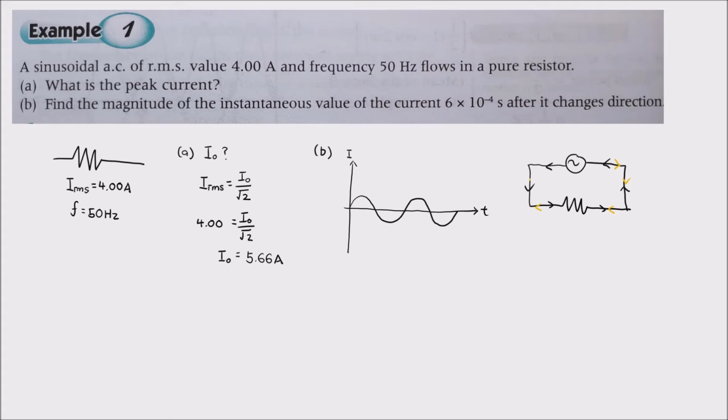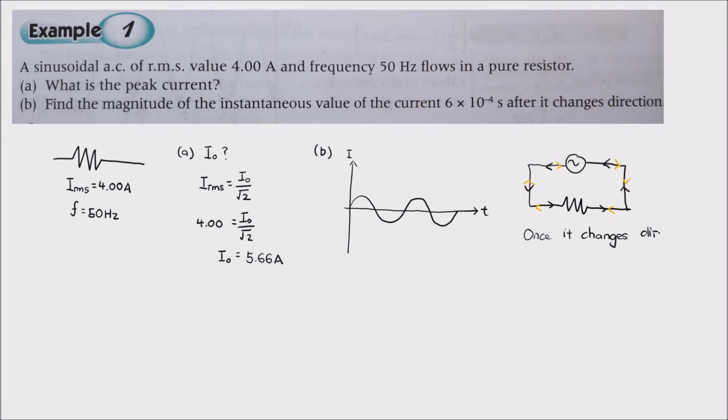Our task is to find the moment it changed direction, then add on this amount of time. Let me write it down. Once it changed direction, then t equals 0.